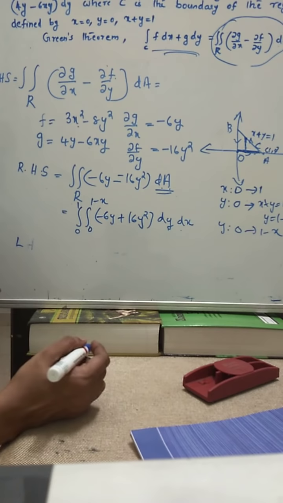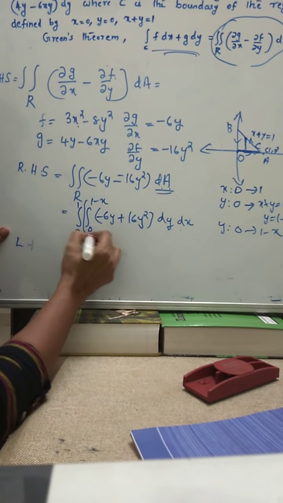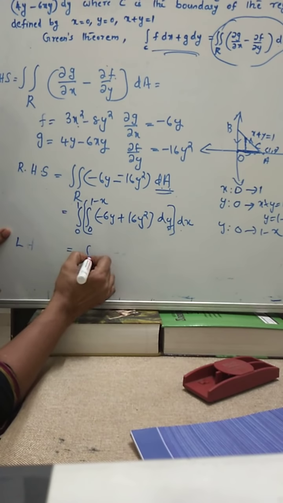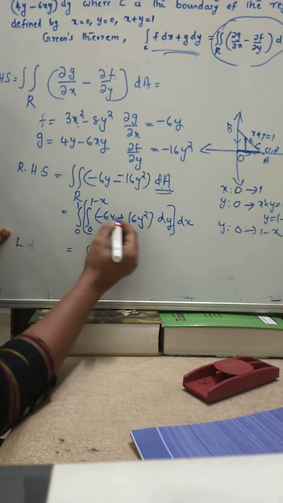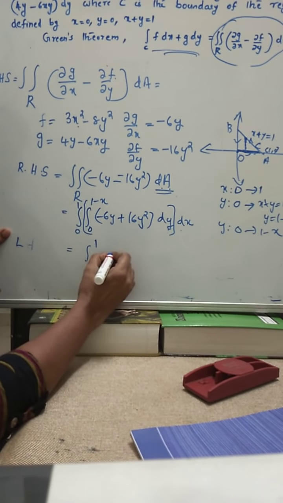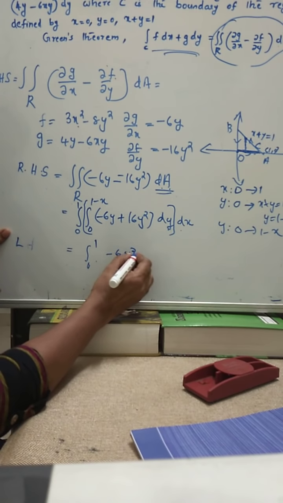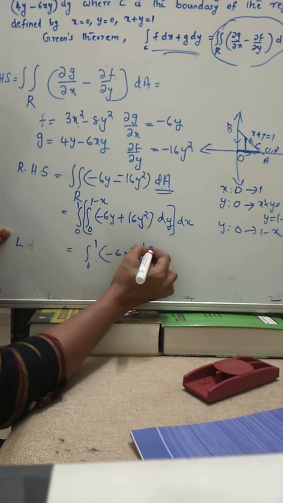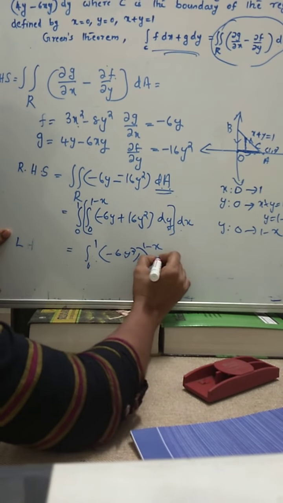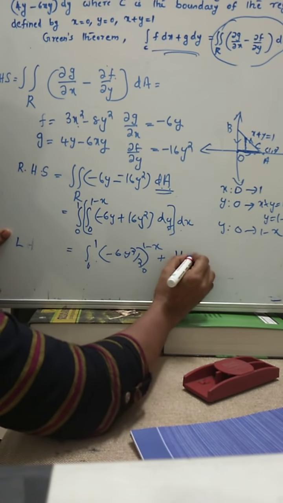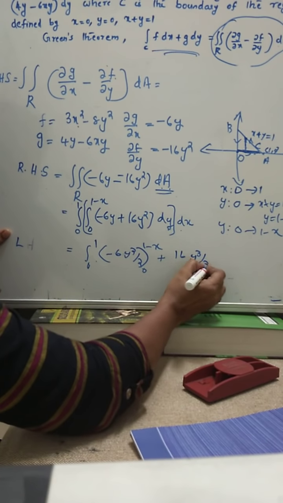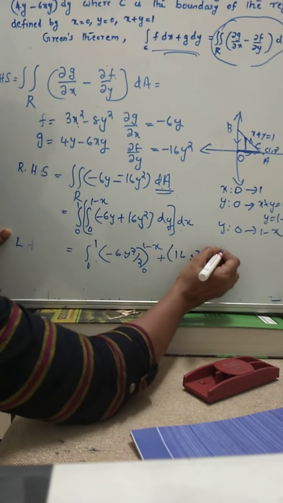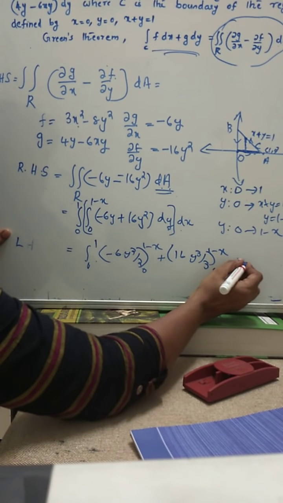Now we will evaluate it as usual. First do the inner integral. Evaluating with respect to y, you have minus 6y²/2 within the limit 0 to 1 minus x, plus 16y²/2 within the limit 0 to 1 minus x, then dx.